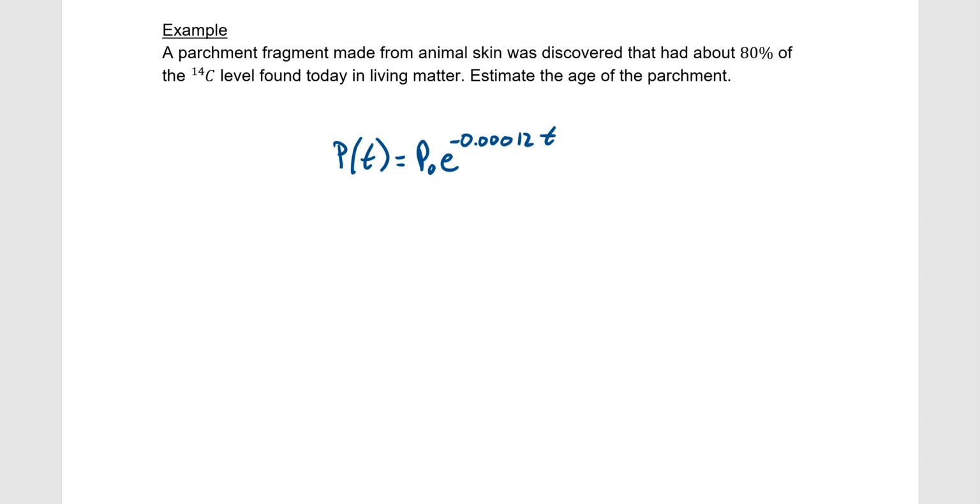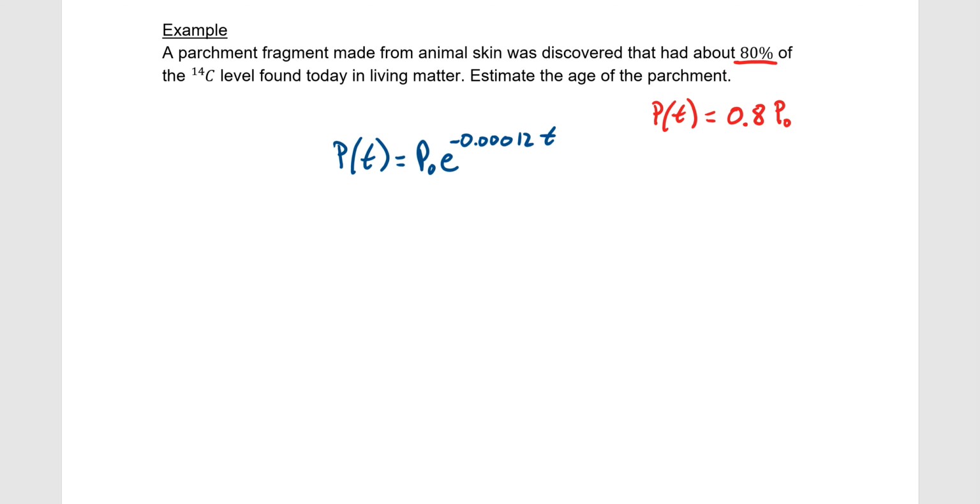So our mathematical model here is P of t equals P naught e to the negative 0.00012 times t. Really we just have one tricky thing to look at. If we have 80% of the original amount, that means P of t is going to equal 0.8 times the original, right? 80% of something, you multiply it by 0.8.